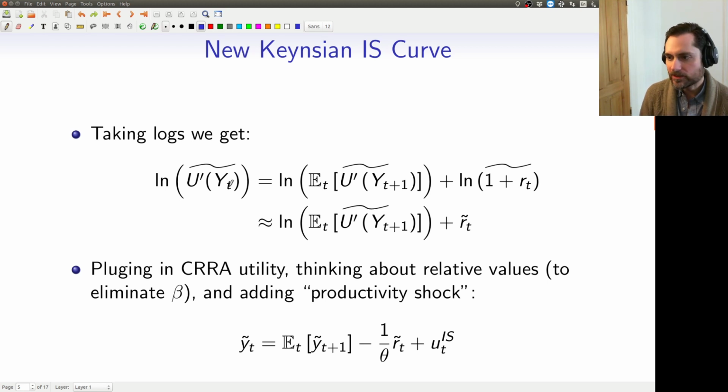Nothing else to say about it except one thing, which is we're going to replace this 1 plus r with just r. So log has a property, which is, actually, I should do this. Okay, so this is the expression log of x, and this is x.